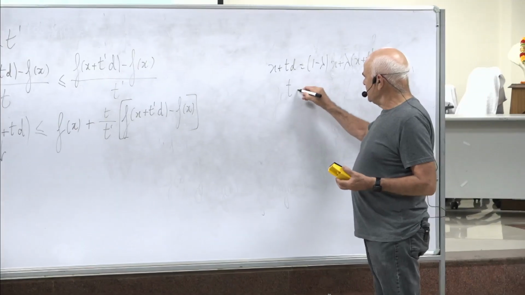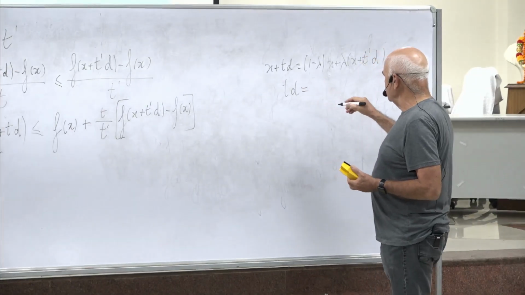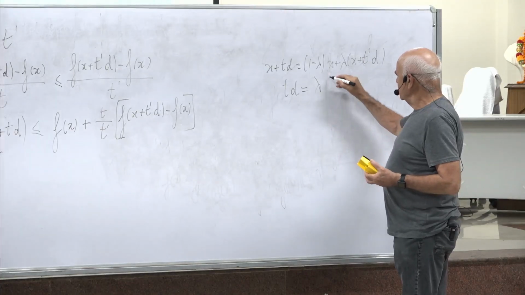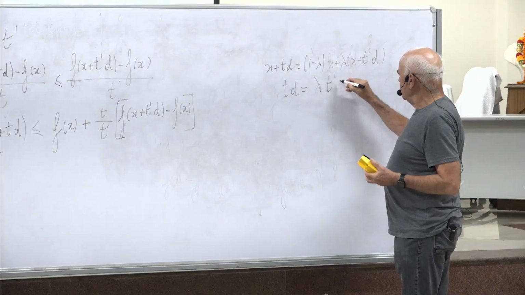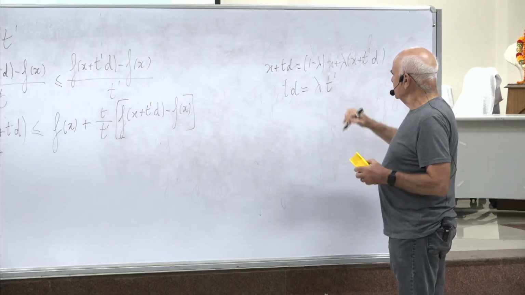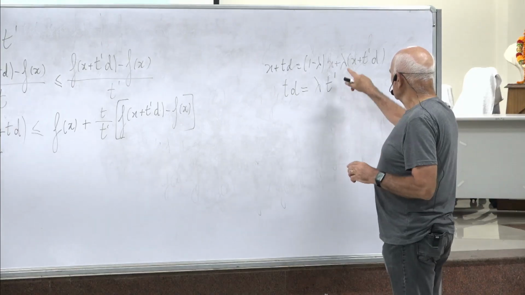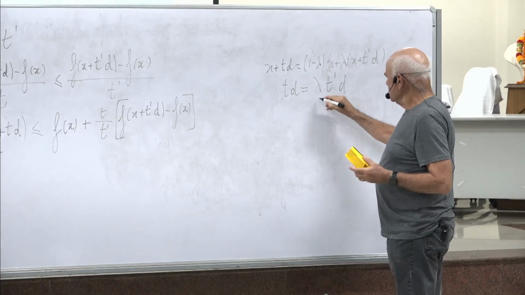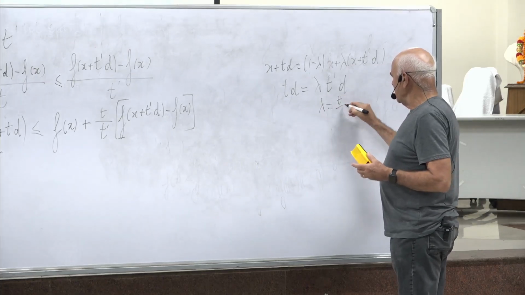This x cancels out, and then we get td equal to lambda t prime d, no? So easy. So lambda is t divided by t prime.